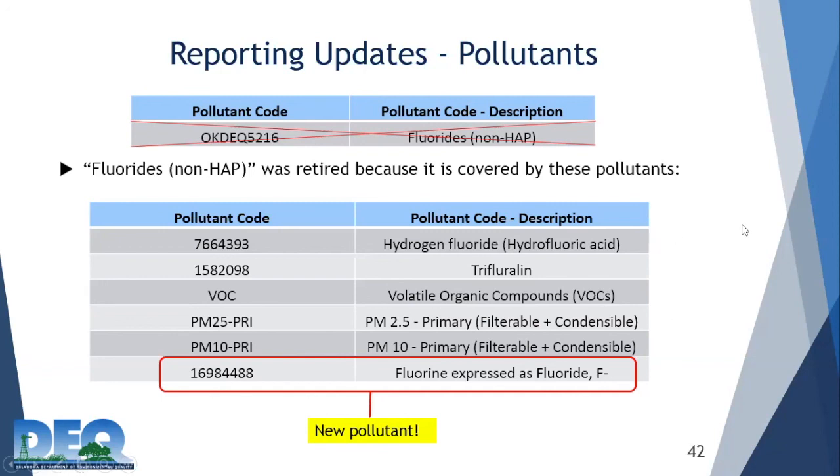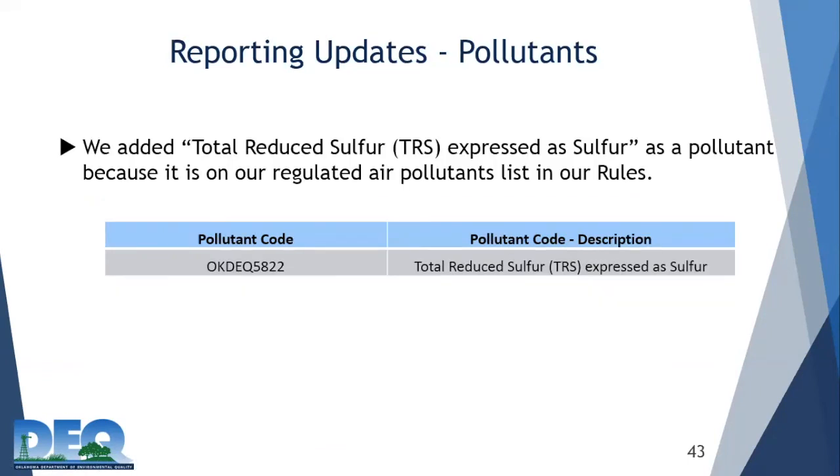And again, make sure you're reporting it in any category that it falls into, or accounting for those emissions in all categories that it falls into. We did add a pollutant. We added total reduced sulfur expressed as sulfur because that is on our regulated air pollutants list in our rules.